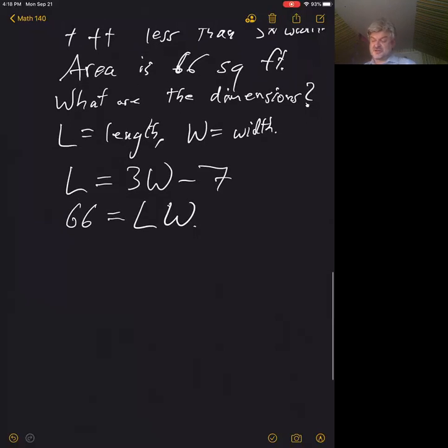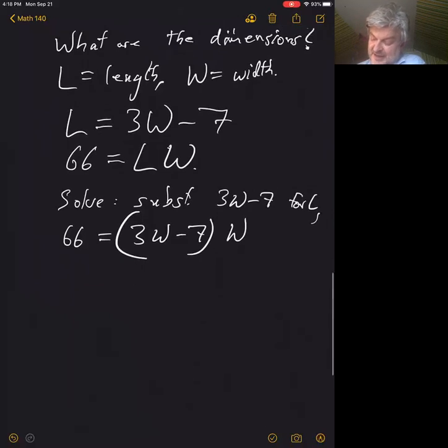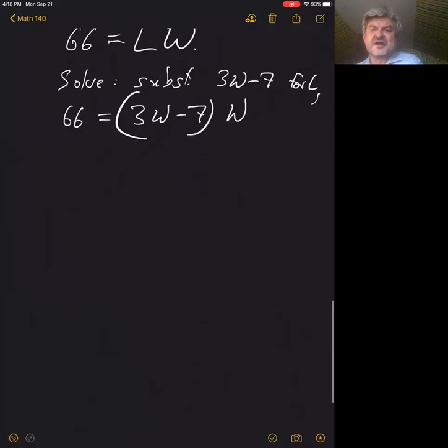Now we've got 2 unknowns, 2 equations, and this one is one where we best substitute the 3w minus 7 for the L. So we get 66 is 3w minus 7 times w. It's a quadratic equation. We can solve that.